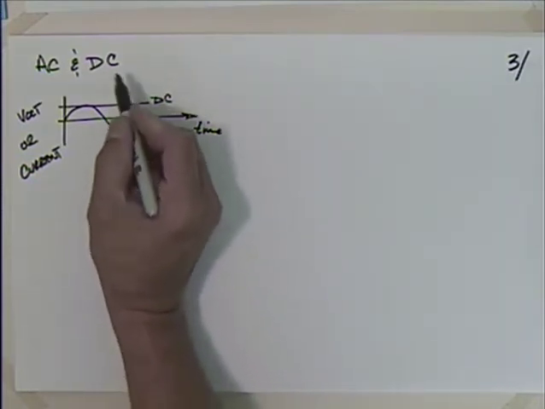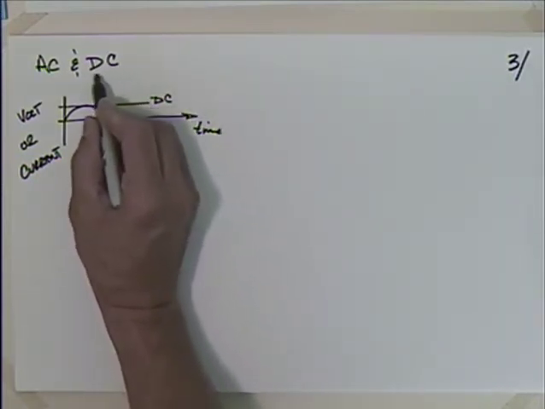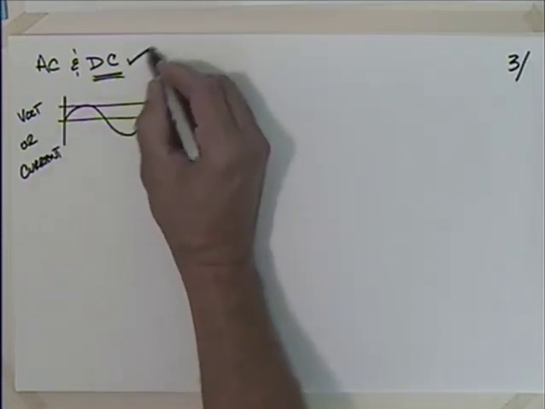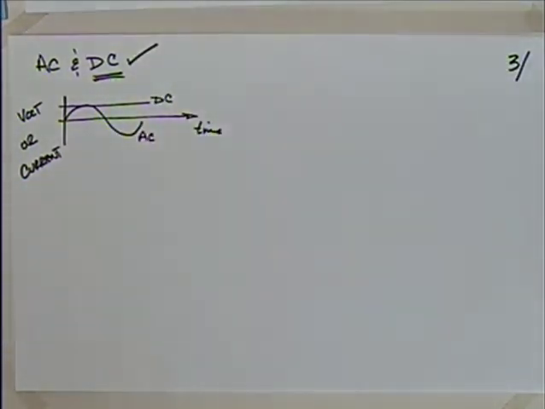Most of our work this term is going to be DC. We'll get into AC towards the end of the term. That seems to be a little bit easier, and we'll build a nice foundation with that as we go into AC. Once we understand DC, it's pretty easy to transition into AC.